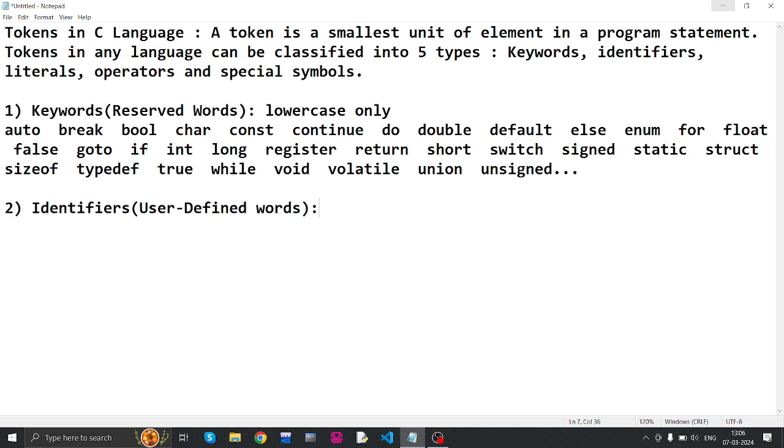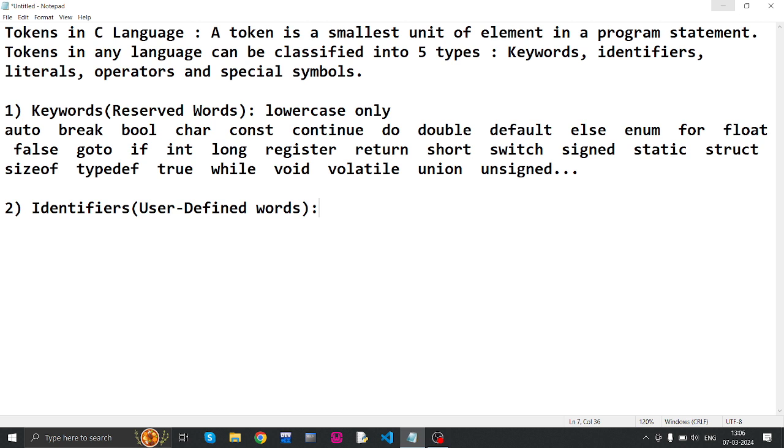Then how to identify a particular student? When there are several students in the classroom, how to identify a particular student? By their names. So these names, for our identification, we have created ourselves.